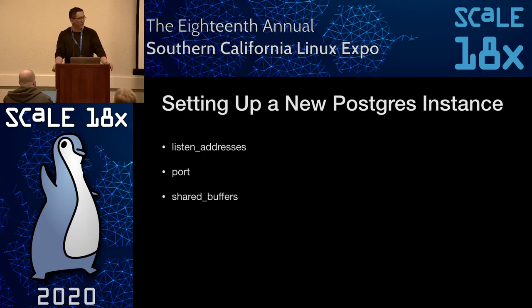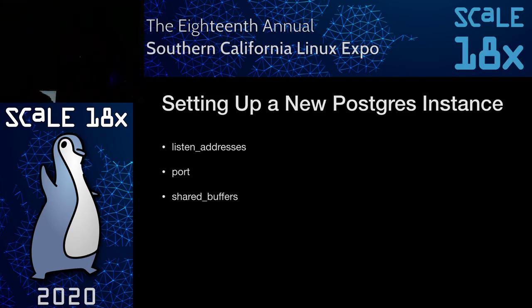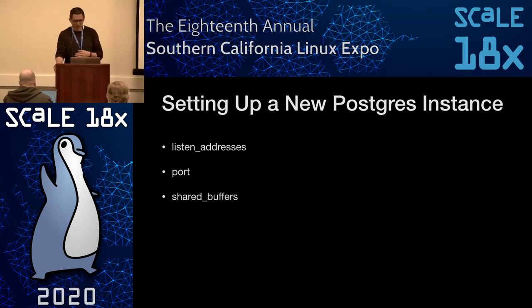You set your shared buffers so that the database can actually use a good amount of the system's memory to do whatever it needs to do. And then you set work mem so that you can do your sorting and merging and all that good stuff in your queries without crashing the database and without being very slow.